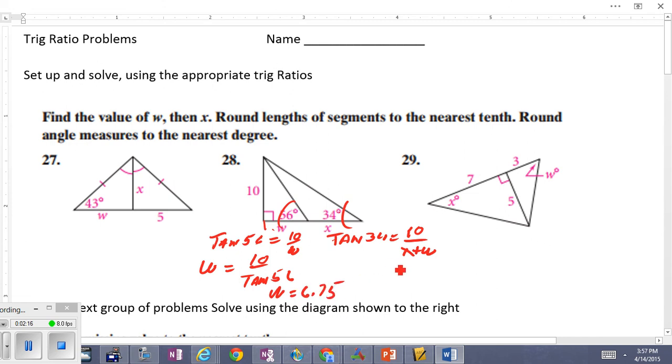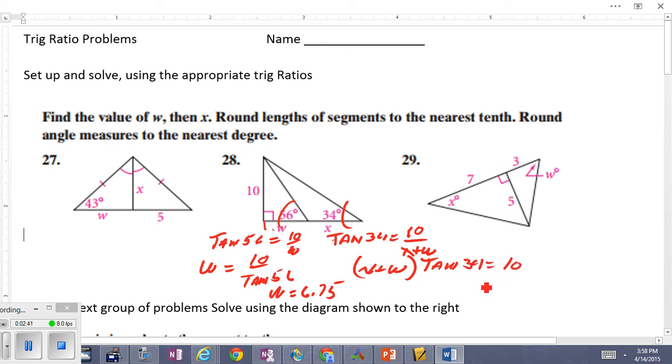And now, when I cross multiply here, I have what x is. I'm going to find what the tangent of 34 is. So I'm going to have x plus w times the tangent of 34 is equal to 10.